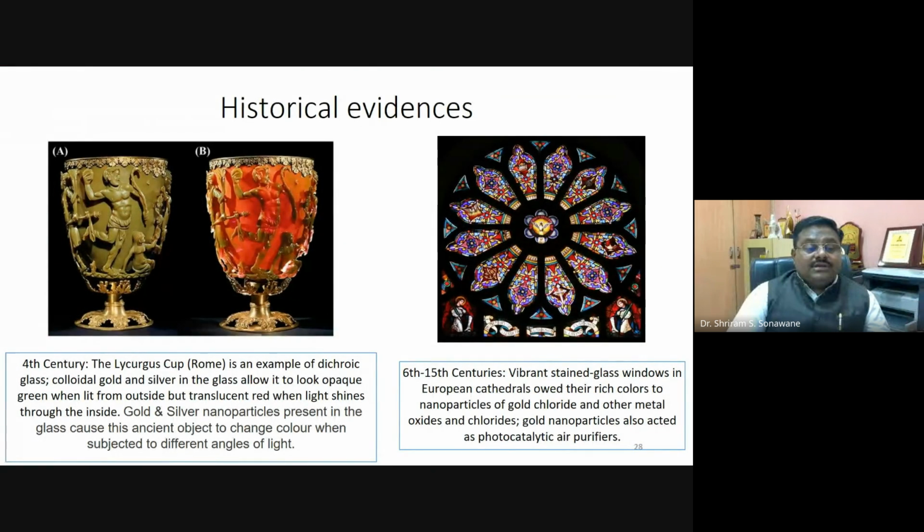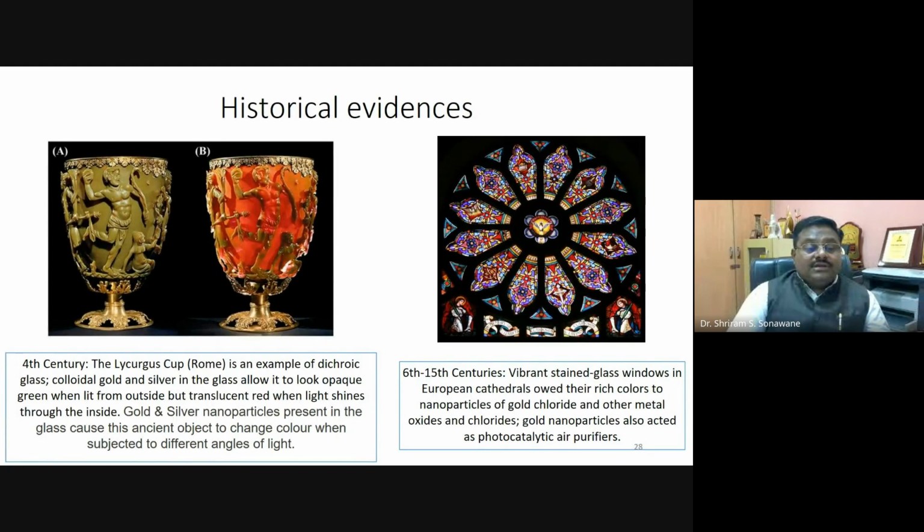We can see from historical evidence, as I have already explained, that we are reinventing the wheel of nature. The Lycurgus cup, invented in Rome, is an example of dichroic glass, with colloidal gold and silver in the glass, which looks opaque green when lit from the outside, but translucent, very red, when light shines through from inside.